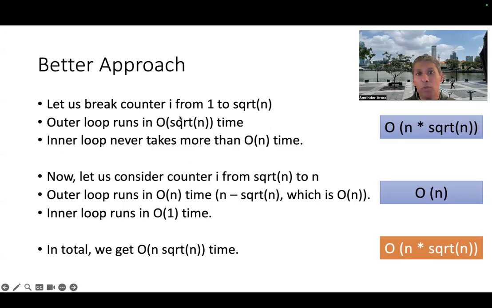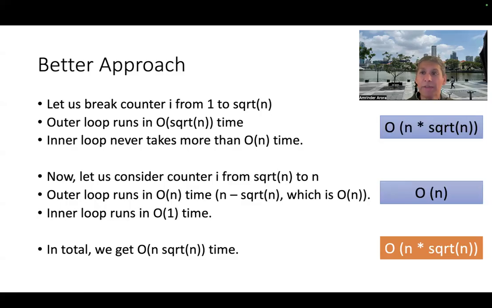And then the outer loop does continue from square root of n to n. And in that case, we know that the inner loop only takes order 1 time. The outer loop will run order of n time, well, n minus square root of n, which is order of n. So therefore, this takes order of n. Now, if we take the sum of these two, we have n times square root of n. So this is the better approach.